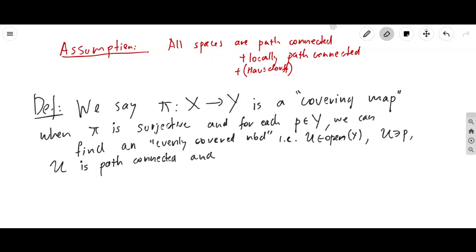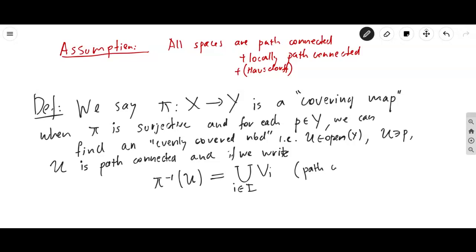So U is path connected, and when you pull it back by pi inverse, you will of course get an open set in X, but it's not necessarily path connected anymore, because when you pull things back, they might not be path connected, but what you end up getting has path components. So you can therefore say that pi inverse of U is equal to a union of V_i over some indexing set. These are the path components.